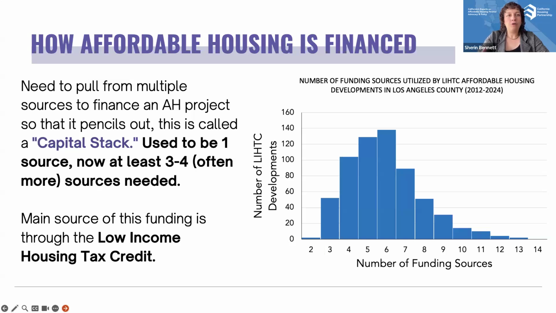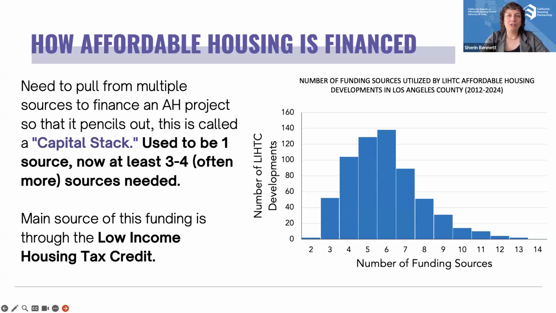So for affordable housing, building up this full capital stack, it used to be, back in the first affordable housing in the 1960s under the HUD 202 program, just one source. HUD gave you the money, and there it was.